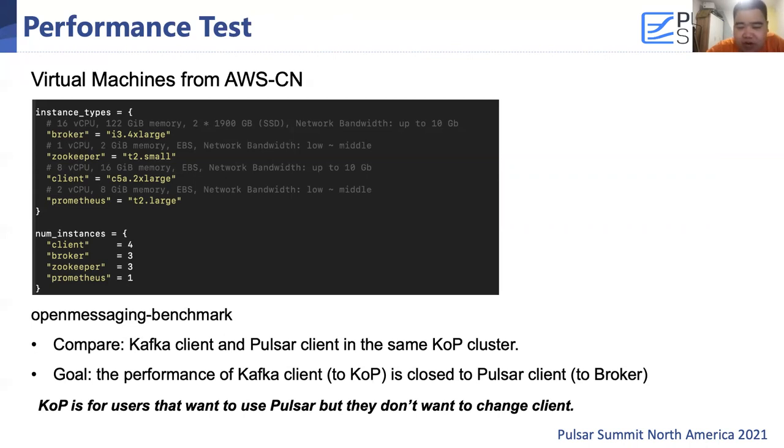There are some blogs that compare performance of Kafka and Pulsar, but KoP is for users that want to use Pulsar but don't want to change their client. So if the performance of the Kafka client is close to the Pulsar client, we can say KoP is ready for production.